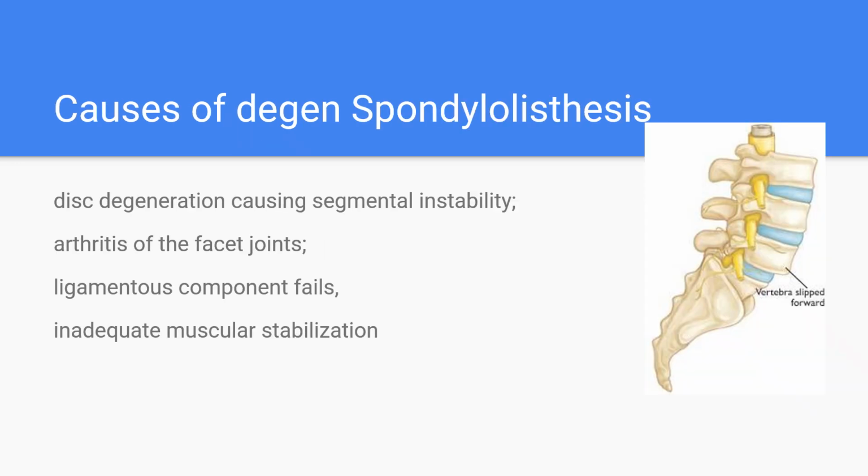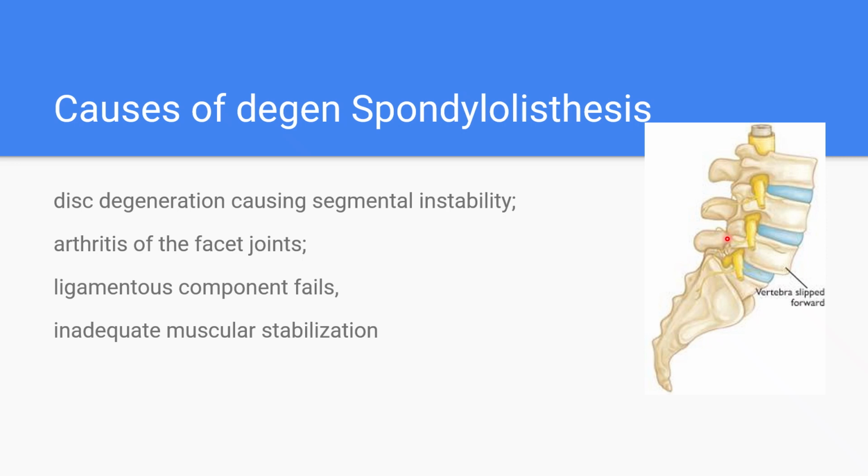Now, what causes degenerative spondylolisthesis? So there are four main reasons. The first is the disc in between the two vertebrae that gets degenerated, which causes segmental instability. Again, even the joints which are on the back side of the vertebrae, which are known as the facet joints, get arthritic and they start having fluid inside them and the capsule gets stretched.